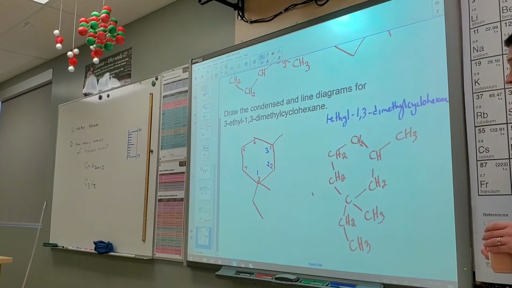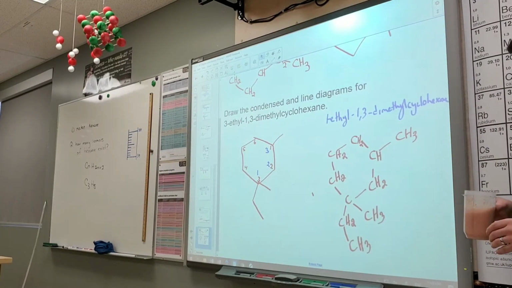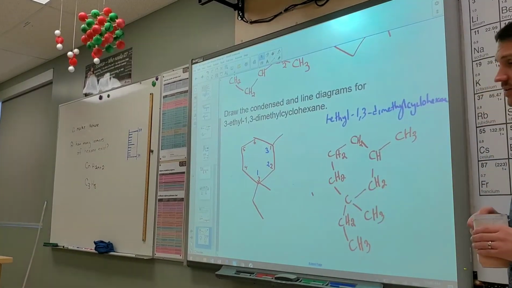Perfect. Are there any carbons in here without hydrogens on it? Yes. This carbon has no hydrogens because it already has 4 bonds on it, right?